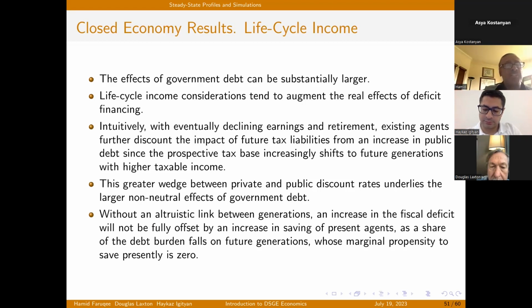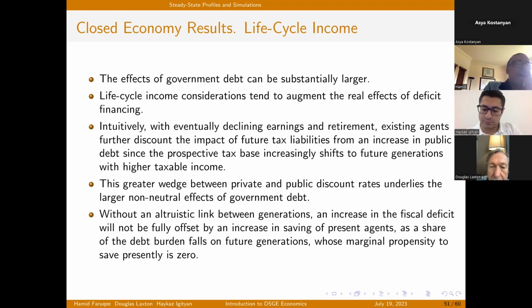Before we show you the results, just to give you the intuition for it, what is happening is the wedge between the private and public discount rates is going to get larger. And as that wedge gets larger, the effects of government debt are going to be larger as well. The real effects, the non-neutralities, are going to get larger.